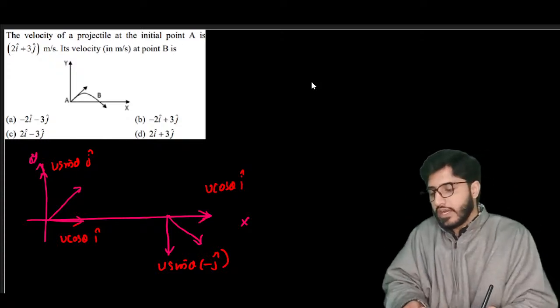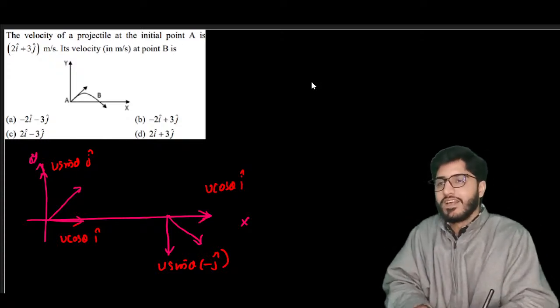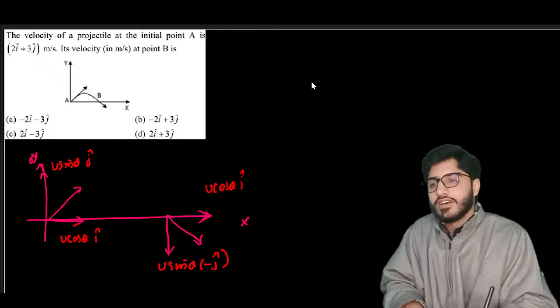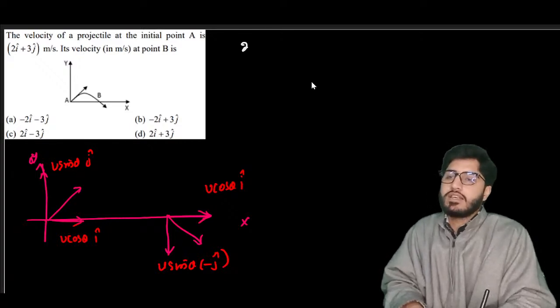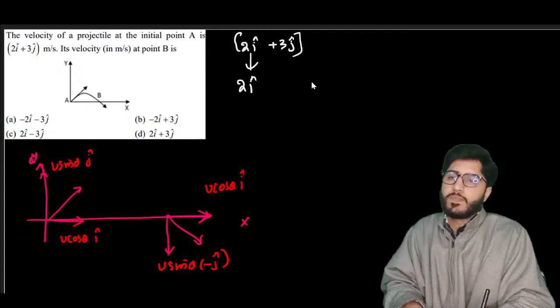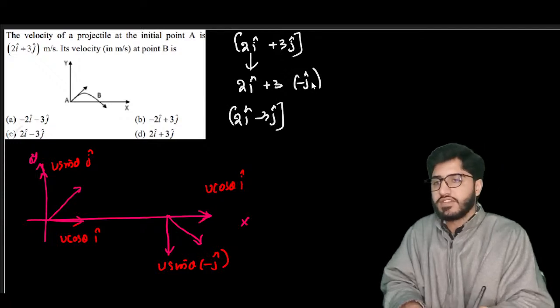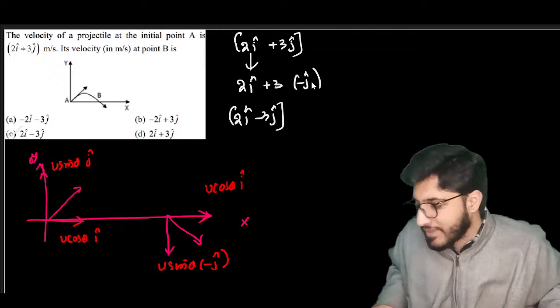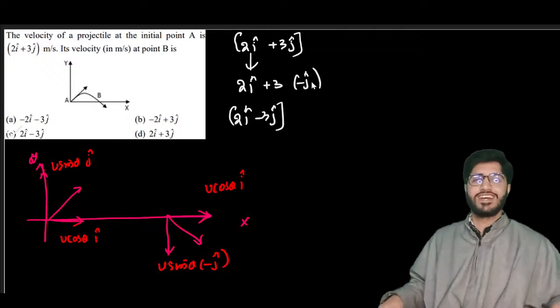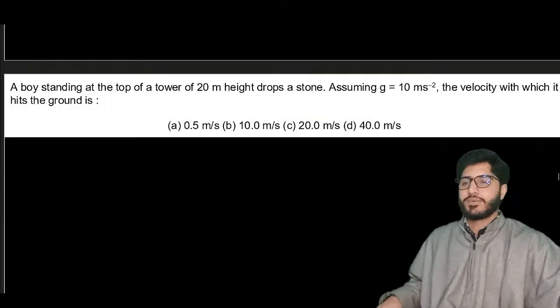So if it is 2I plus 3j, the 2I will be the same and 3j will be minus j. So 2I minus 3j. Option C is correct. Done.